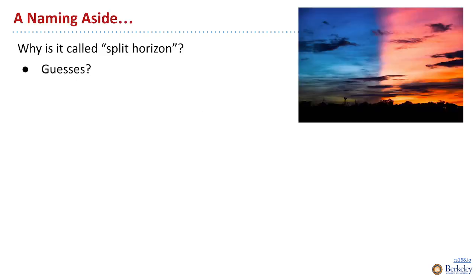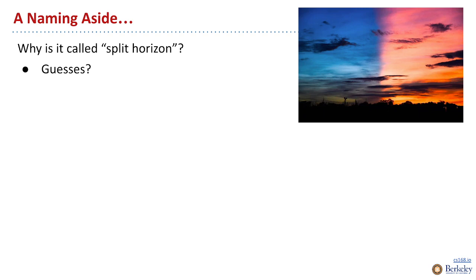Okay, fun aside, can anyone guess why it's called split horizon? I was able to find this kind of cool picture of an actual split horizon on Reddit. Reddit has everything.